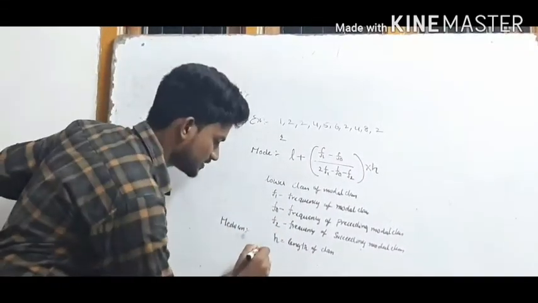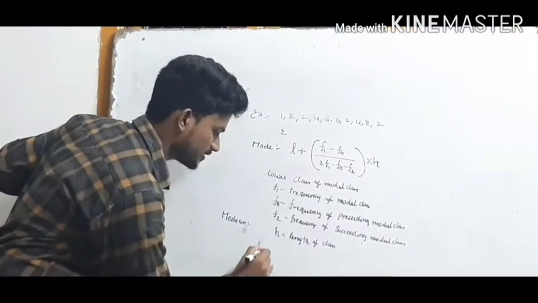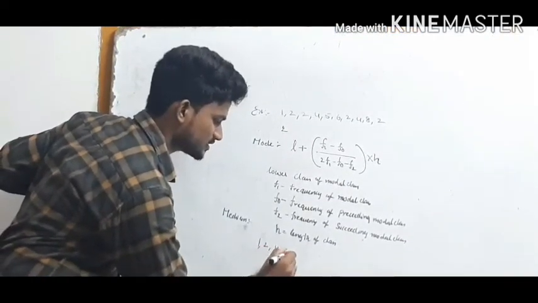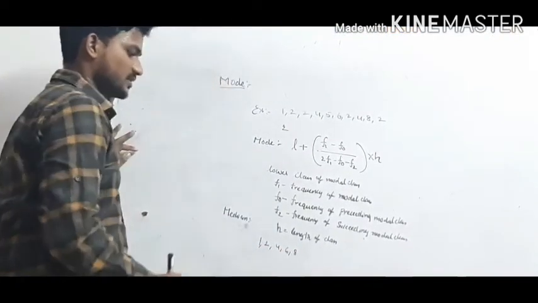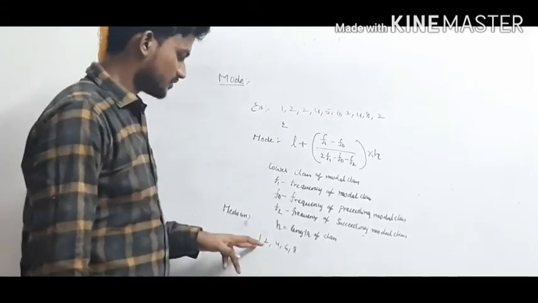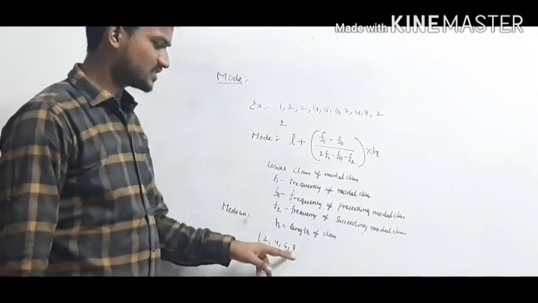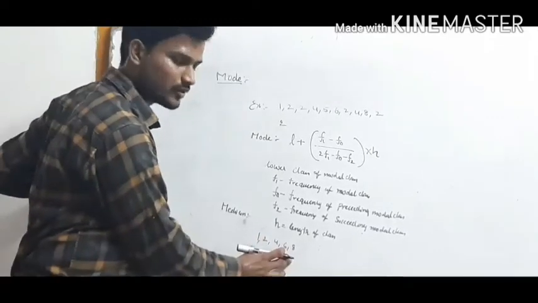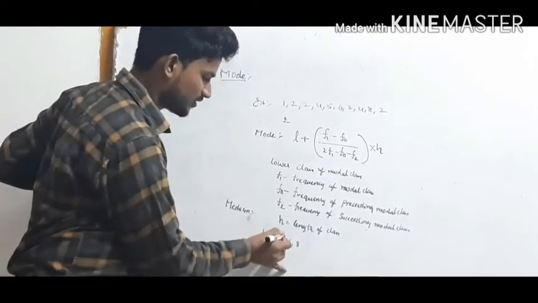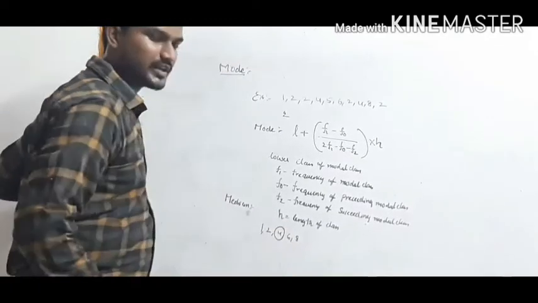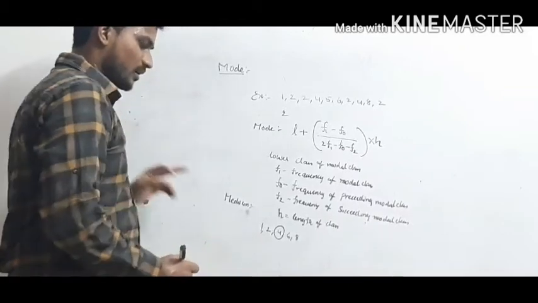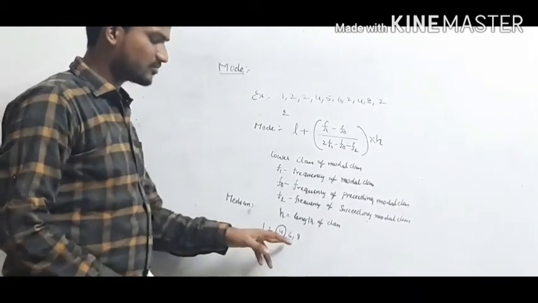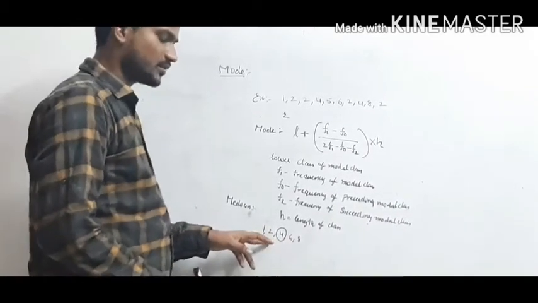For example, take 1, 2, 4, 6, 8, in ascending order. There are five observations. The middle one is 4, so 4 is the median. Five observations is an odd number of observations.